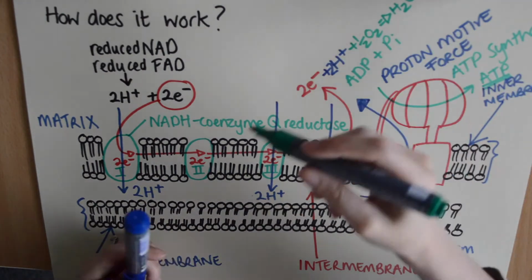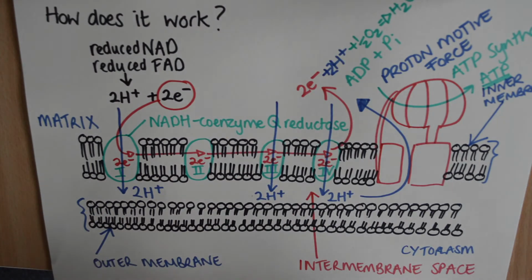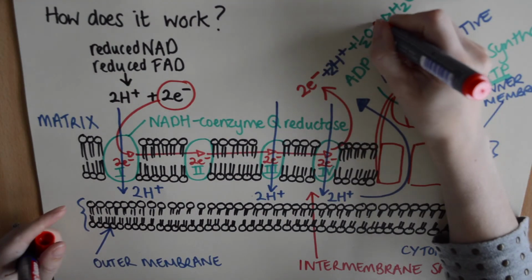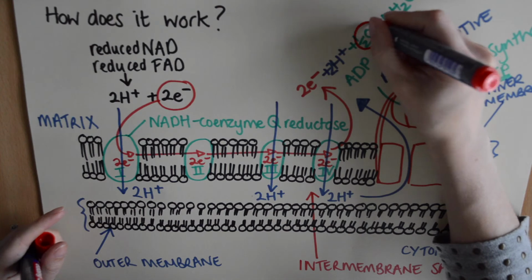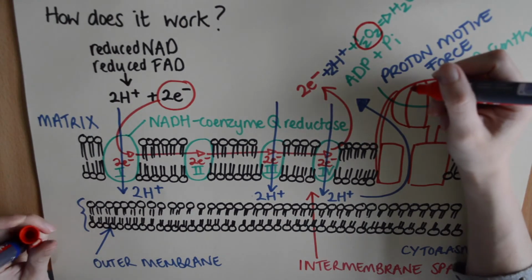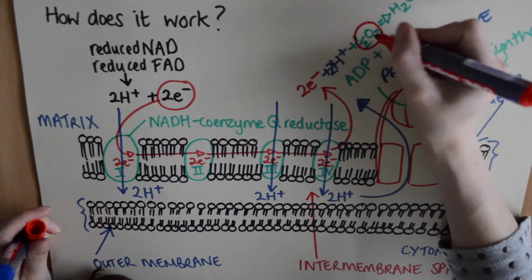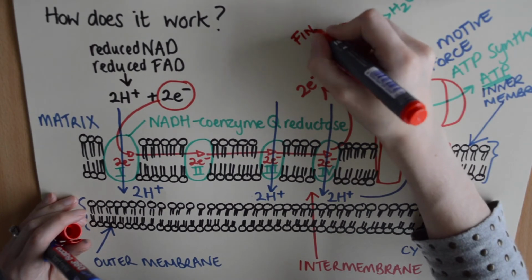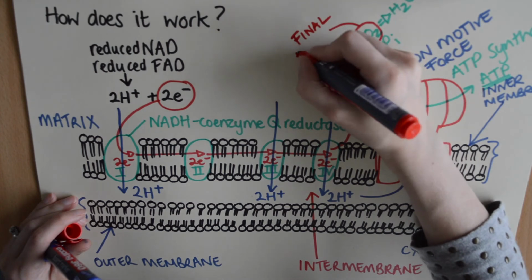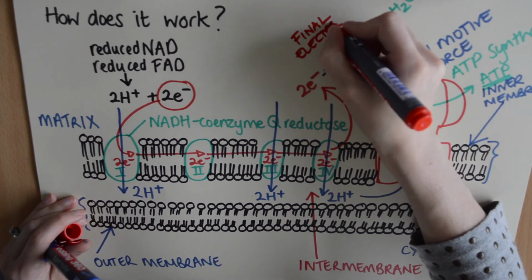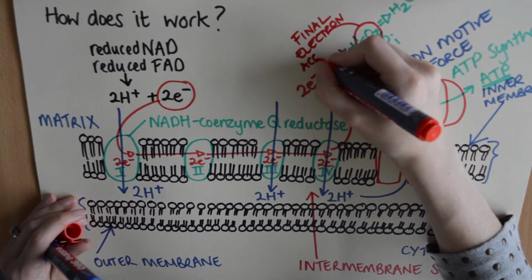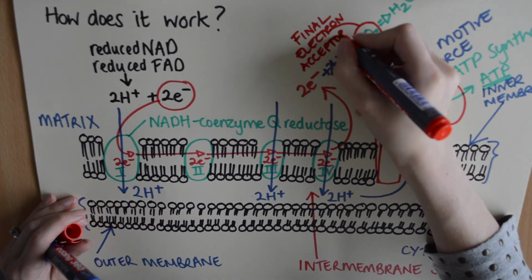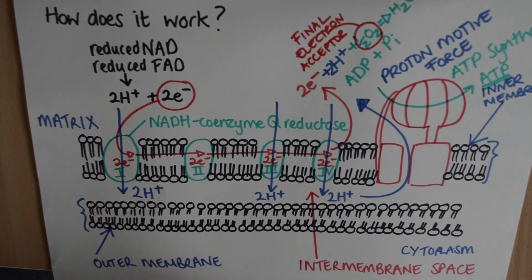So oxygen is acting as, there's a little half O2 here just so that it's a balanced equation, the final electron acceptor. Without oxygen, this process cannot occur.